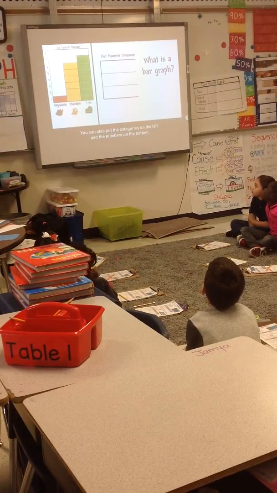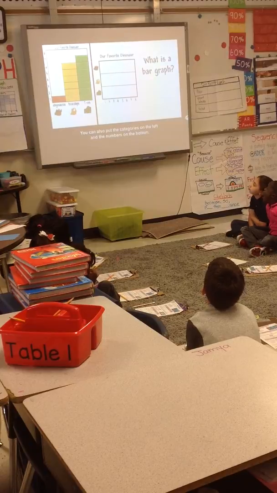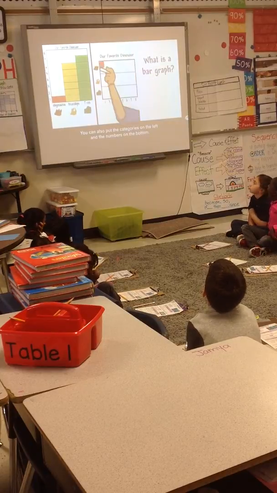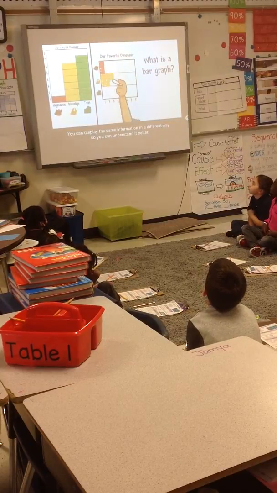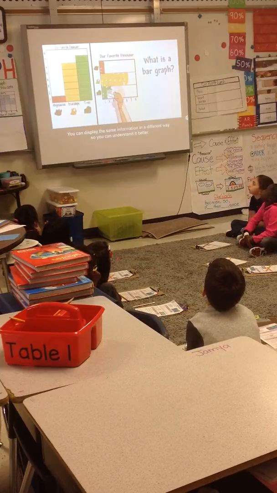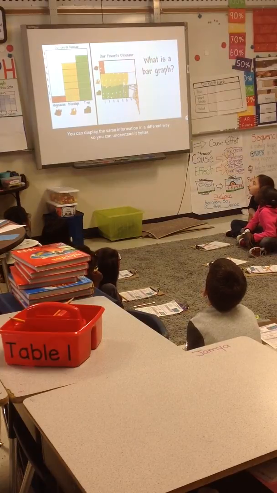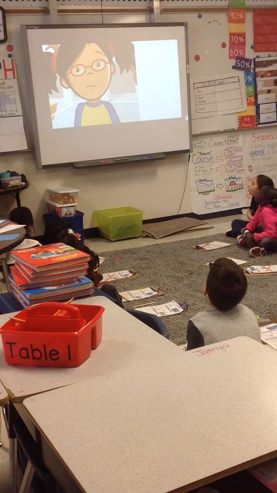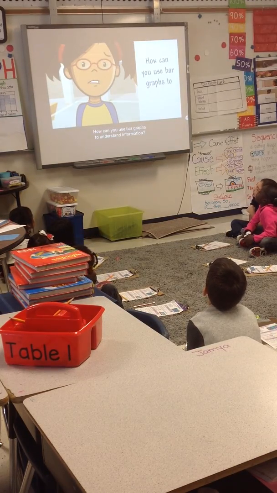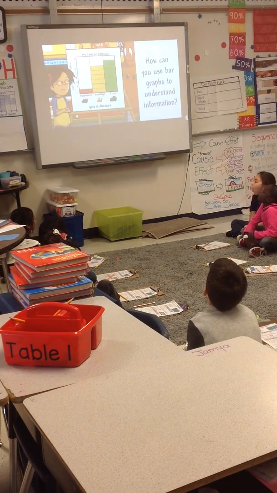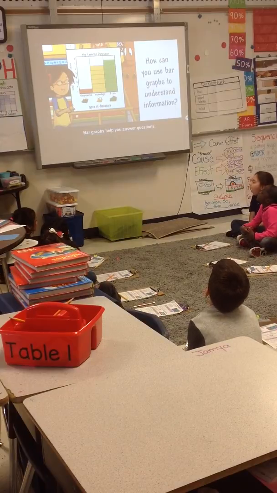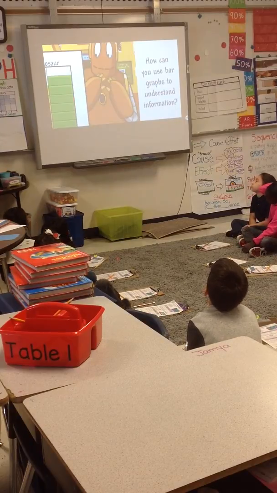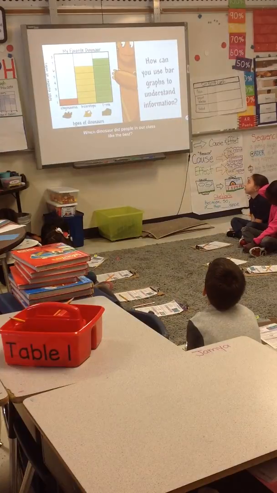You can also put the categories on the left and the numbers on the bottom. You can display the same information in a different way so you can understand it better. How can bar graphs help you understand information? Bar graphs help you answer questions. Which dinosaur did the most people in our class like the best?